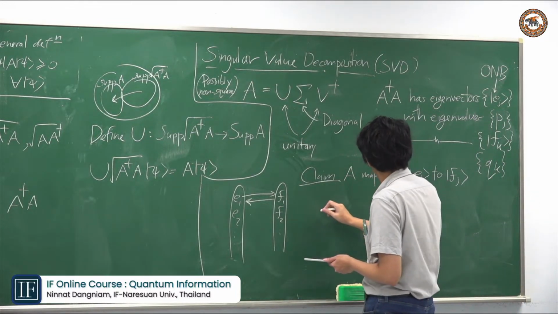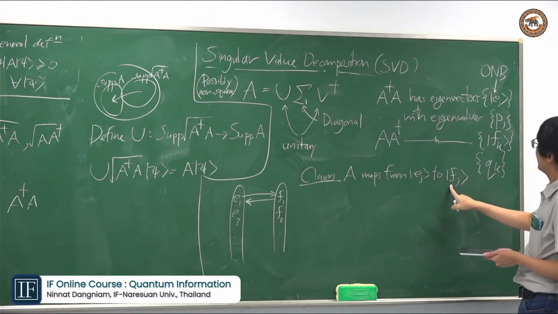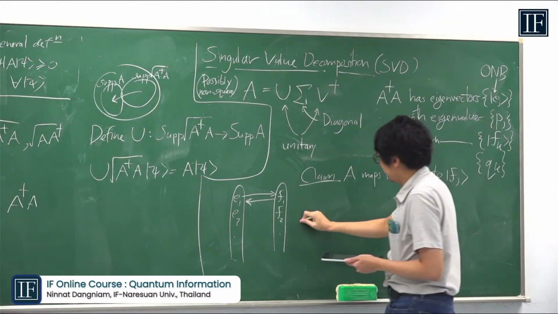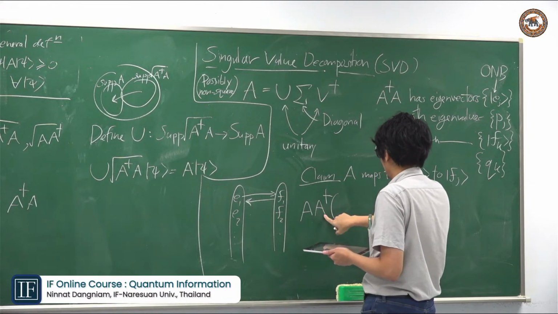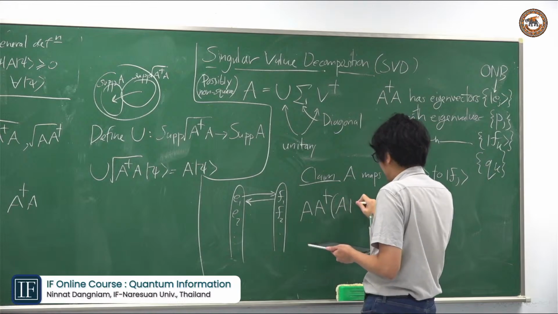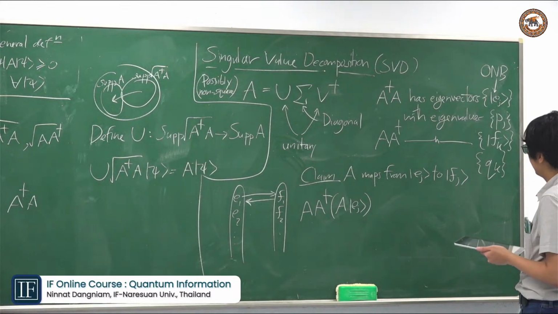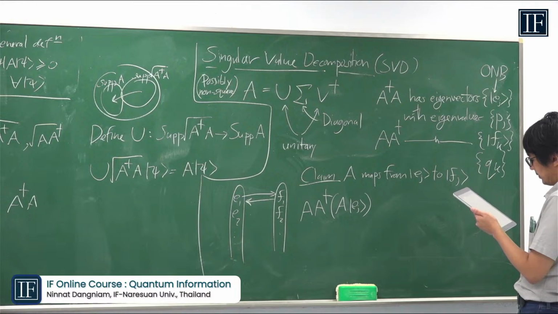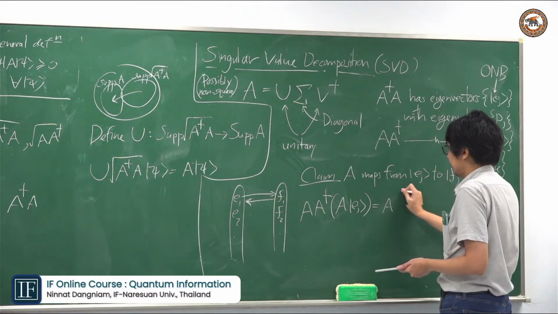And how to see this? Well, F_j, the way we define it, would be eigenvectors of A A dagger. So let's see what happens if I let A A dagger act on A E_j.